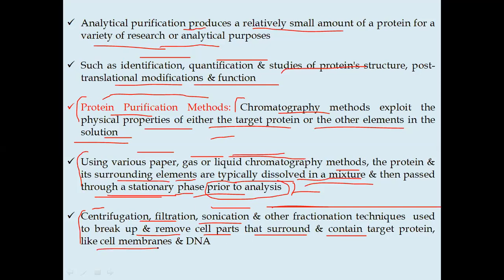So these are the fractionation techniques used to break and remove cell parts that contain or surround the proteins. For example, if protein is present in the cell membrane or in DNA, these organelles are fractionated in order to break them and remove the cell part.